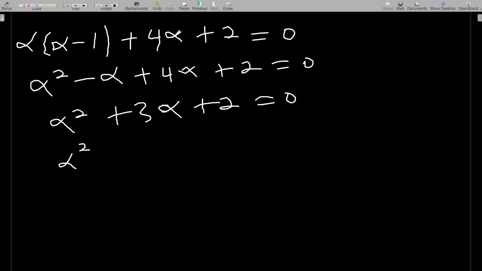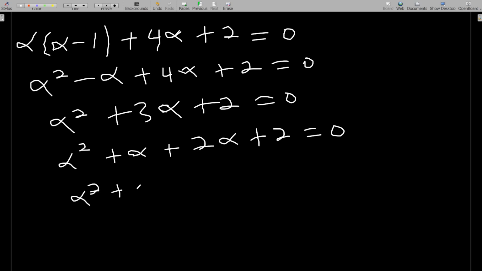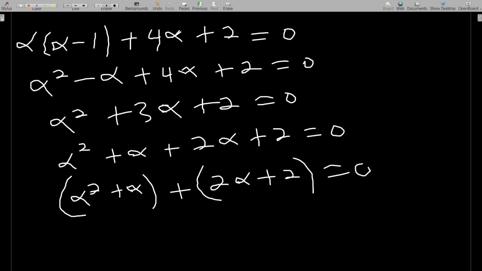So I have alpha squared plus alpha plus 2 alpha plus 2 equals 0. Now I group them, alpha squared plus alpha in one bracket, then plus 2 alpha plus 2 in another bracket, equal to 0.